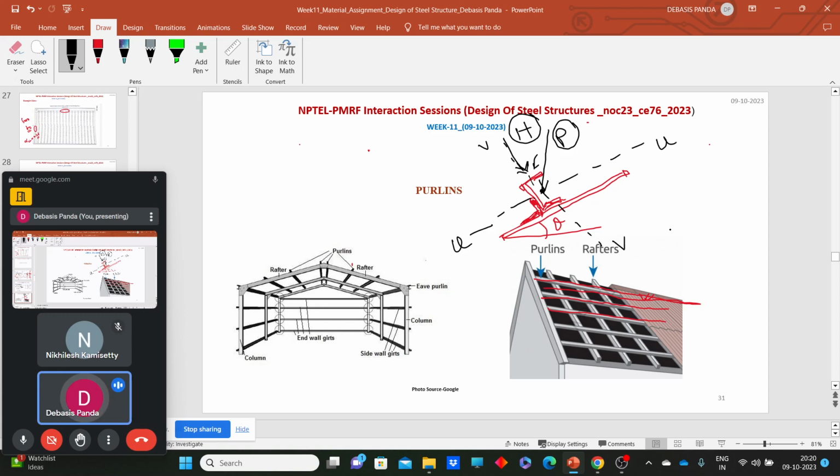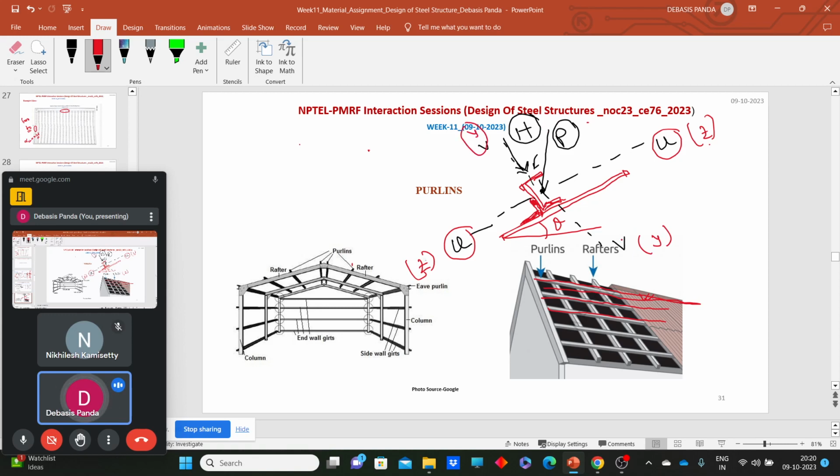Now the question is, here we have two axes of the purlin. One is the UU axis of the purlin member. This is nothing but your ZZ axis. You can consider it as ZZ also, so that there will be no confusion. And VV is nothing but the YY axis of the main member.